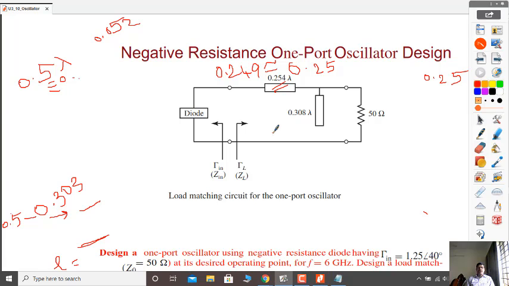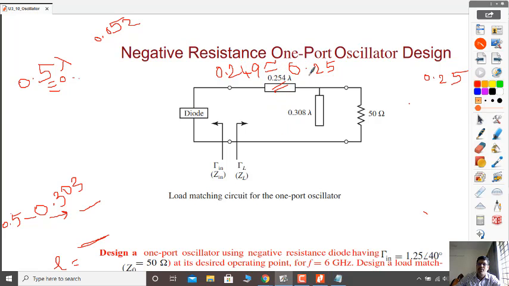Our eyesight also plays a major role in getting the exact reading from the Smith chart. Therefore, a small difference will always come, and that is permitted. You need not worry about it. So 0.249 is approximately equal to 0.25, which is the same as the length of the line.